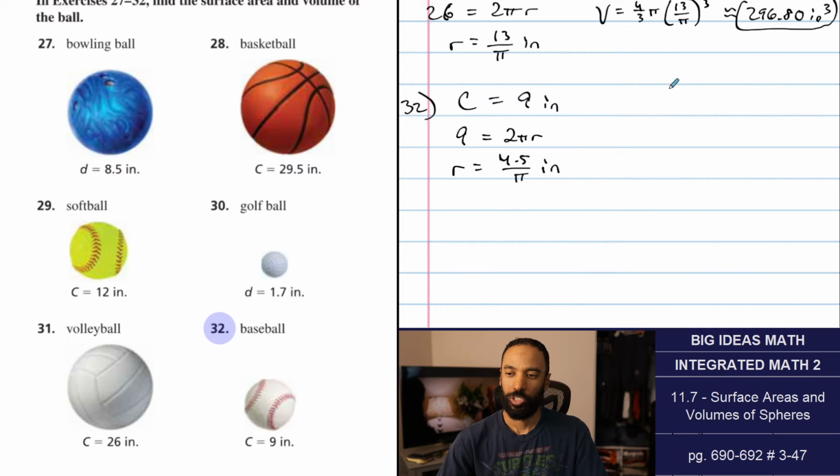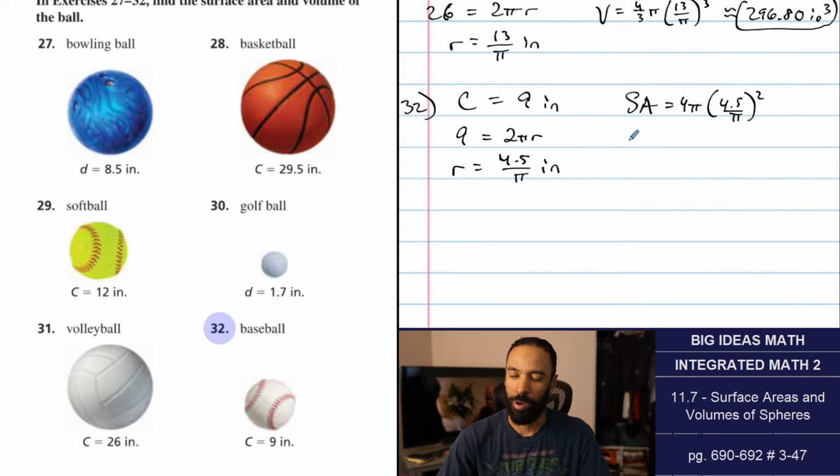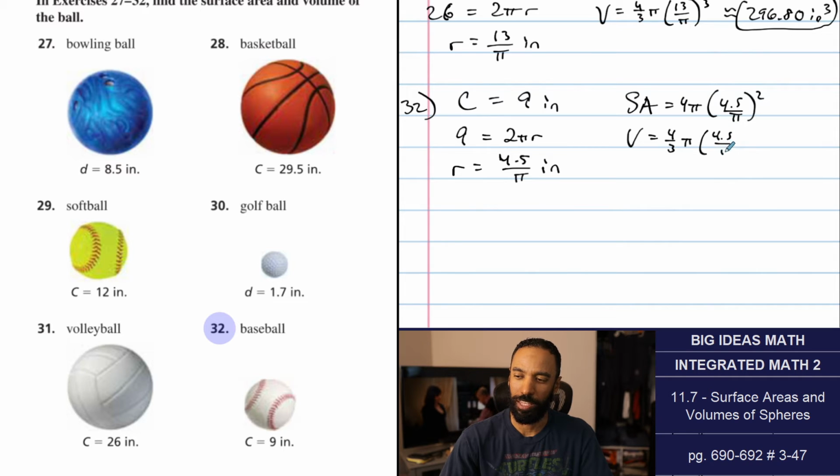Okay, so surface area, 4 pi times 4.5 over pi, squared, 4 pi r squared. Volume, 4/3 pi times 4.5 over pi cubed. This is what they think of every time they make a baseball.